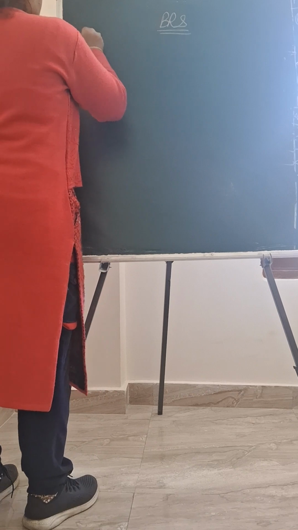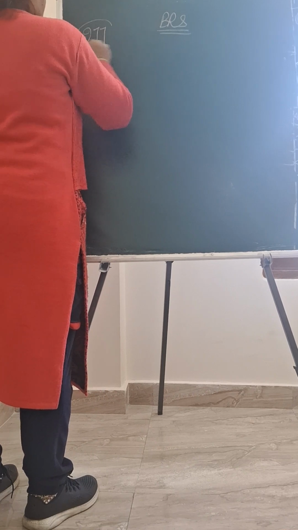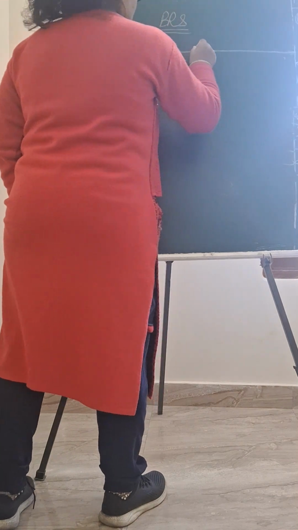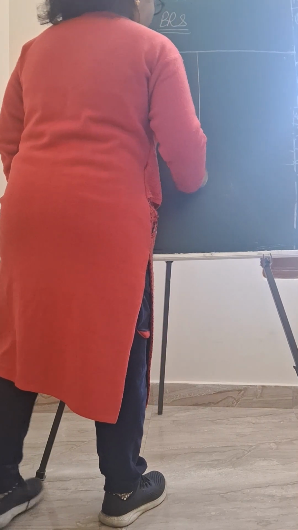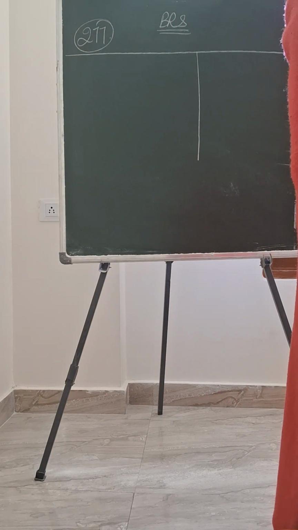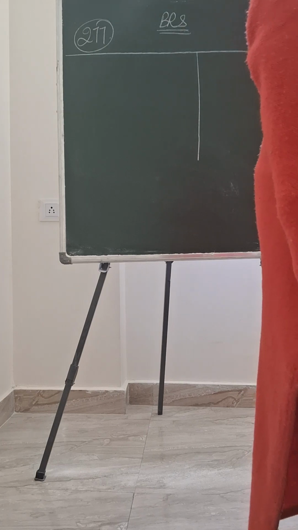Question number 277 is related to again bank reconciliation statement. That is given: passbook overdraft balance 30,000.